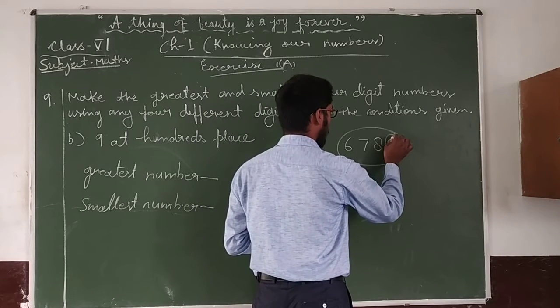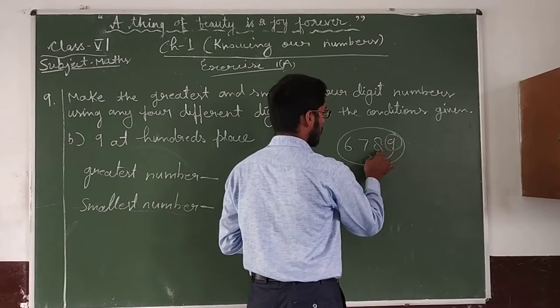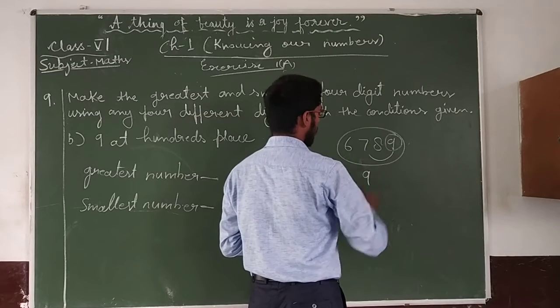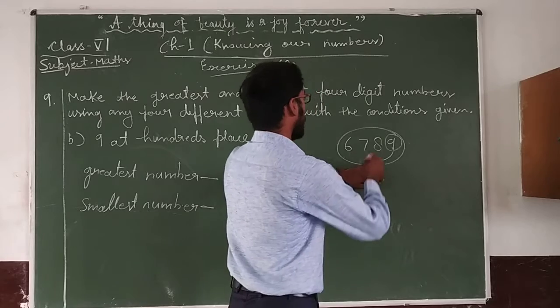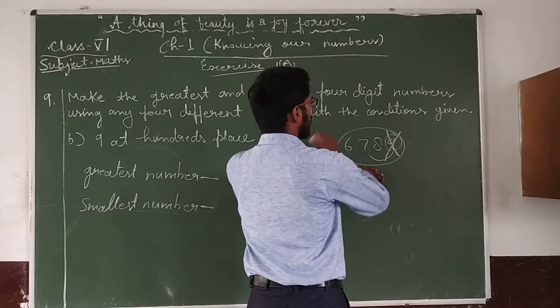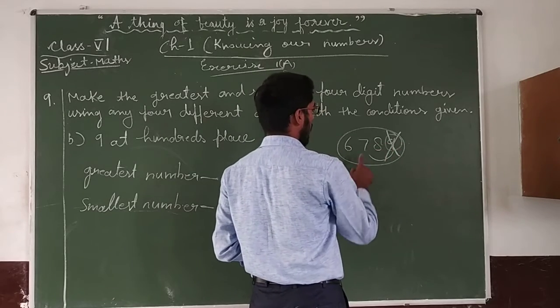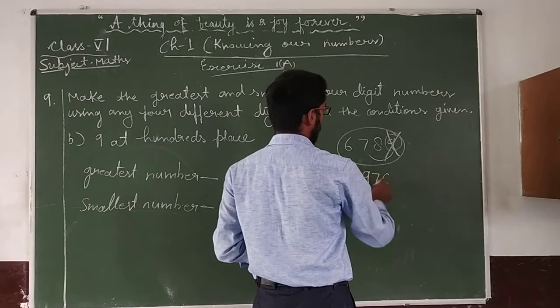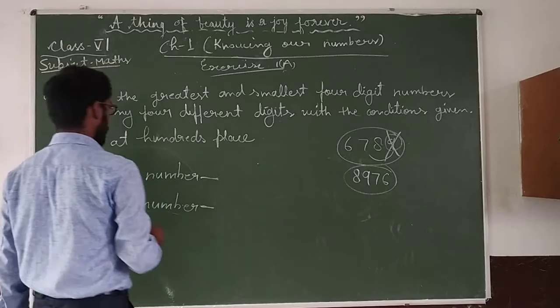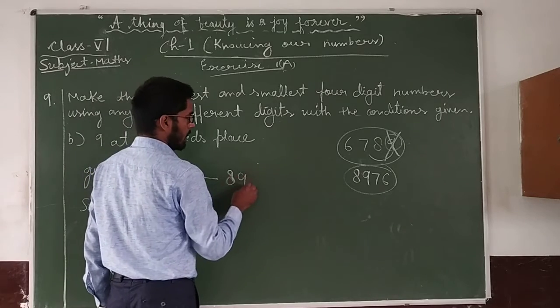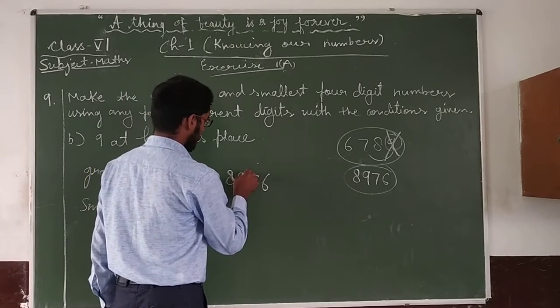So 9 will be here. And before 9, which number is greatest? Forget this 9. Which one is greatest? 8 is greatest, and after that 7 and 6. So by using these you can write this greatest number 8, 9, 7, 6.